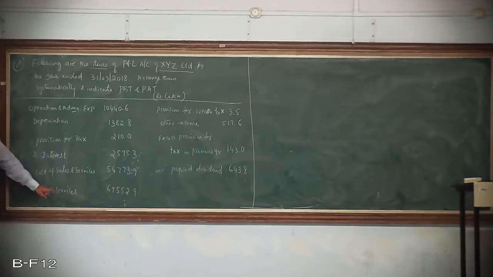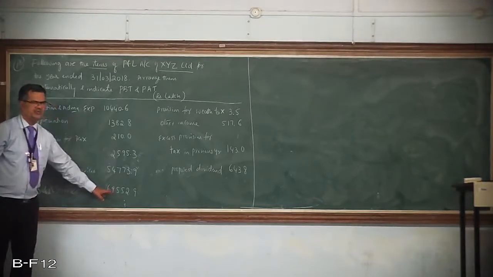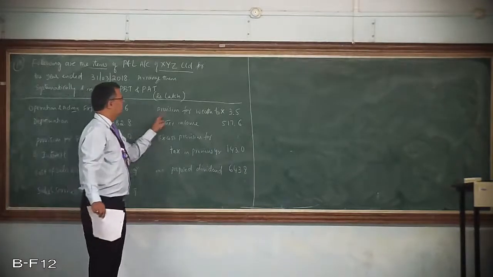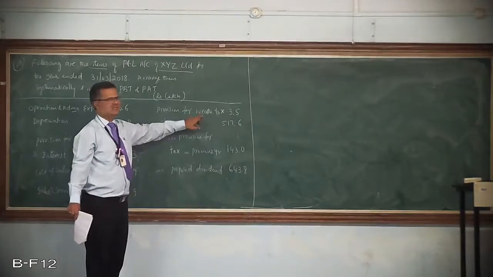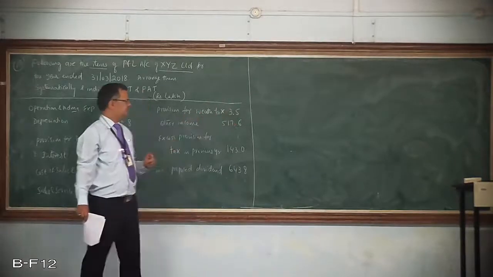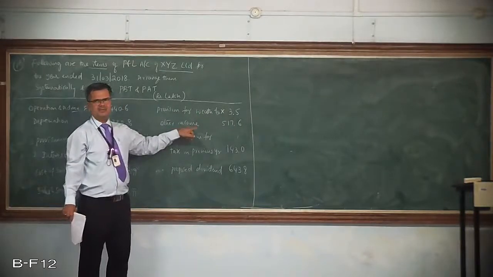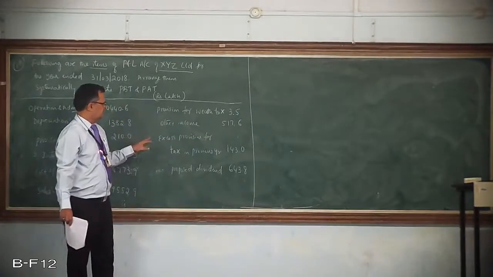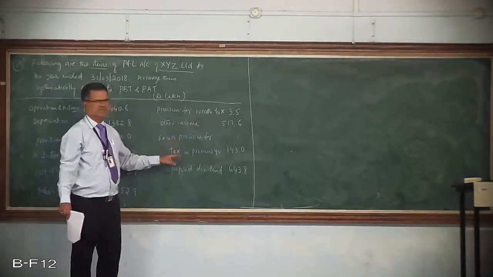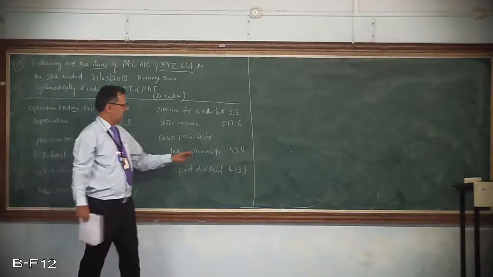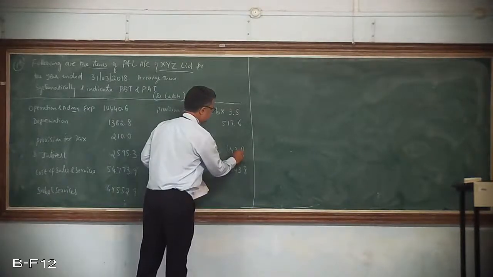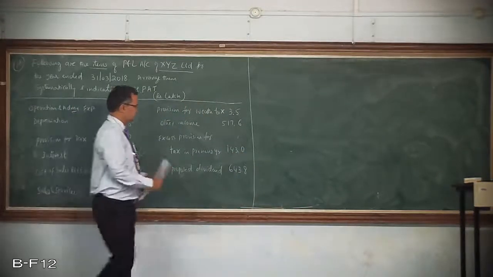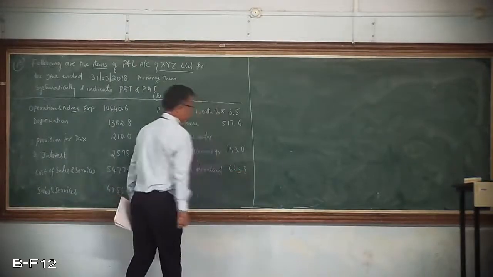Sales and services 59,552.9 lakhs. Provision for wealth tax 3.5 lakhs. Other income 517.6 lakhs. Excess provision for tax in previous year 143.0 lakhs. Proposed dividend 643.8 lakhs.